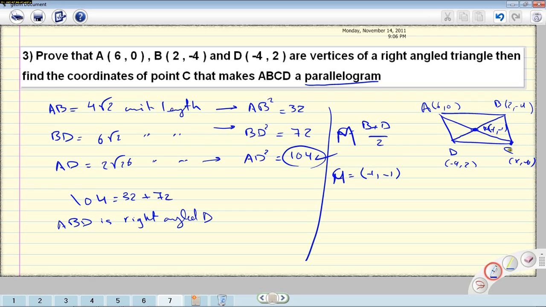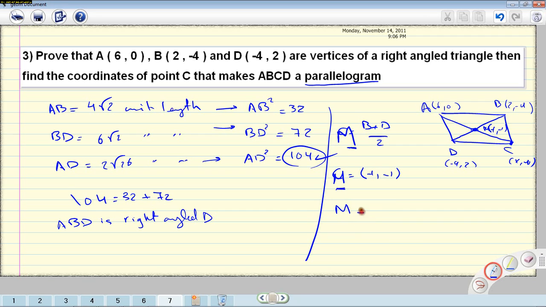Now I want to get C. I got the midpoint of BD, and this midpoint is the same midpoint of AC because the diagonals bisect each other. So this is M. Let's get C now.